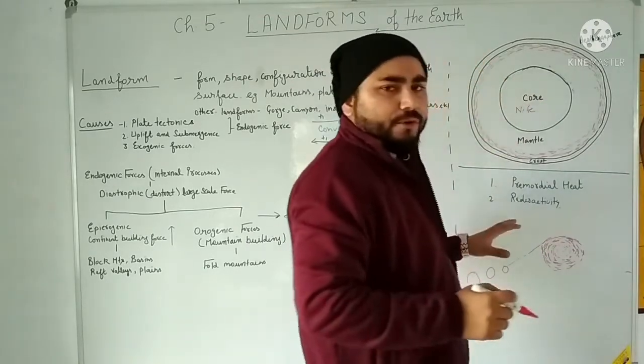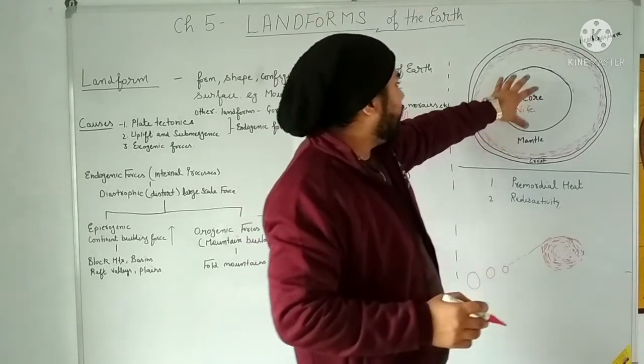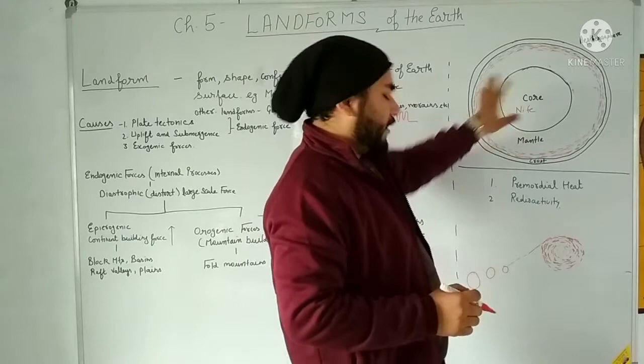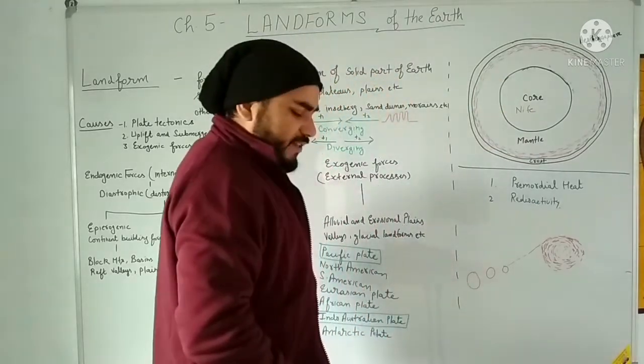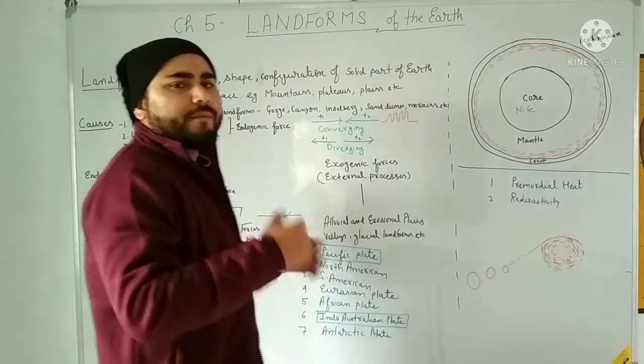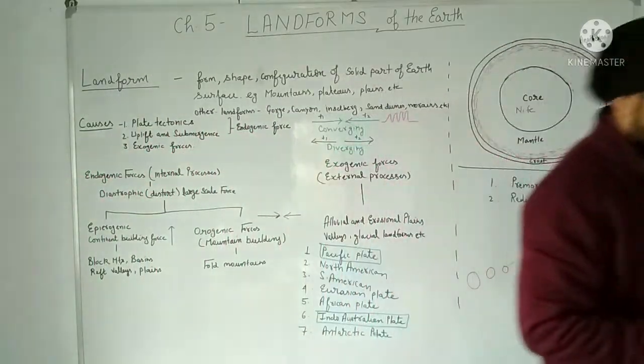So now we have come to know how the center of the earth, the core and mantle, gets heat. Now we will study what is happening because of that heat, and how these tectonic plates are moving by that heat.